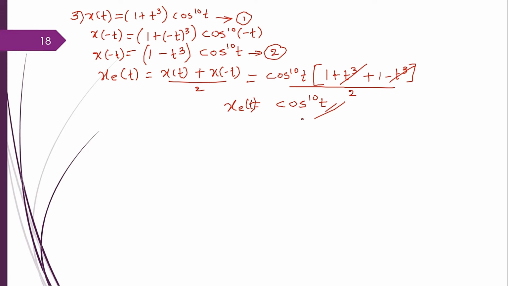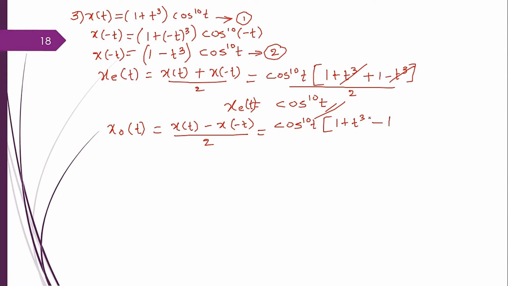Okay. So similarly, to extract the odd component, the equation goes like this. We have already studied about these things in the previous class. So same thing, cos raised to 10t, I'll just take common. 1 plus t cube, that is x of t, minus 1 minus t cube.